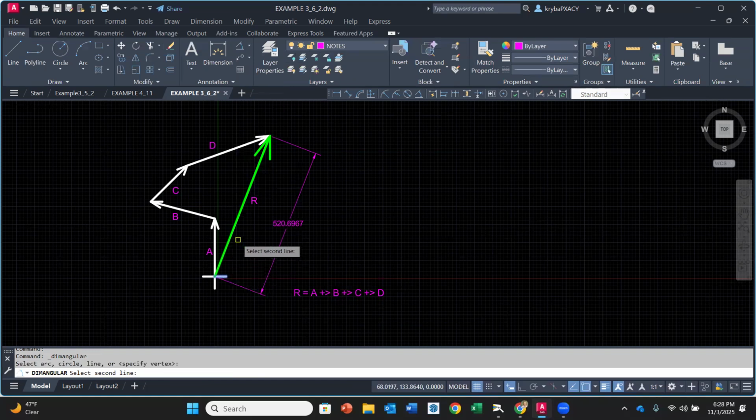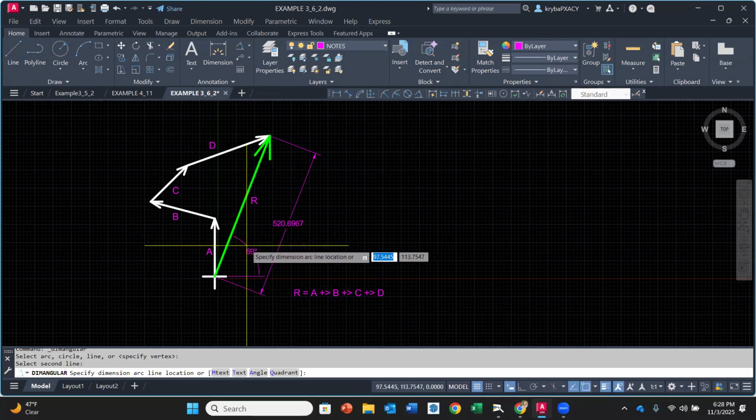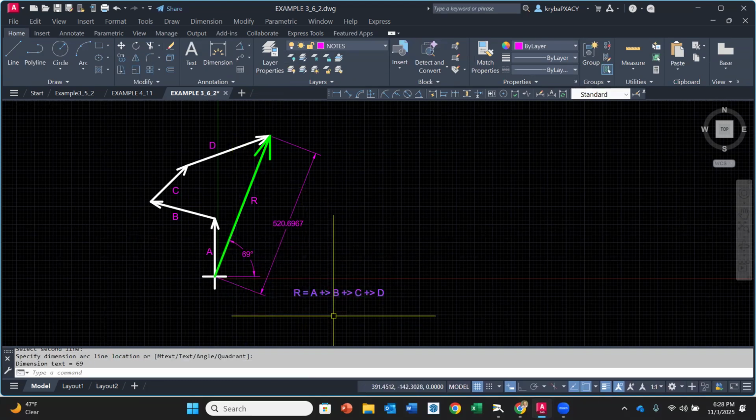From horizontal, I picked the origin horizontal line to our resultant, and I'm going to leave it right about there. You should be at 69 degrees. The book says 68. As long as you're within a degree of the answer, I'm okay. So between 67 and 69, you're fine. If it's more than a degree, then you have to go back and look at what happened, because you should be pretty darn right on.